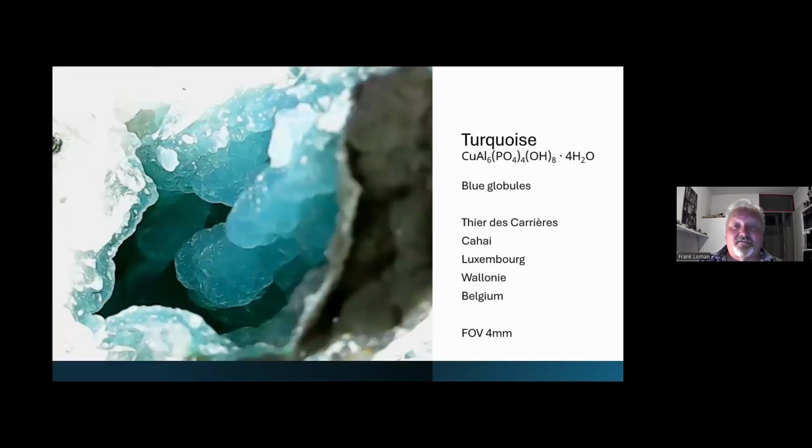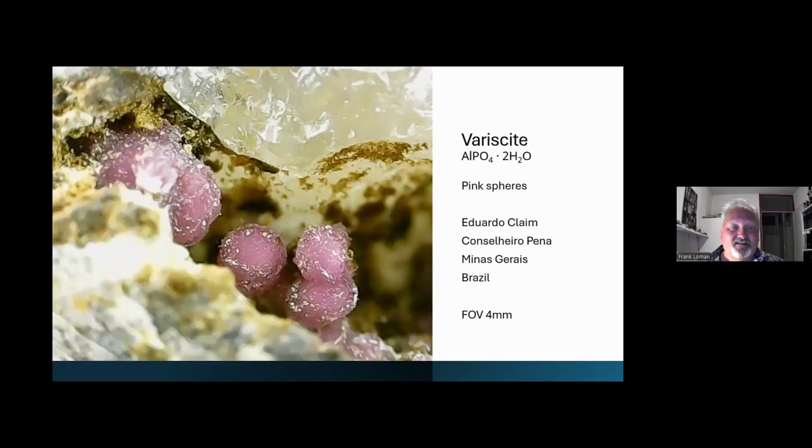Even turquoise makes sort of spherulites. These are blue globules from the Cahé in Wallonie in Belgium. And this is the second mineral which shows its pink color. It's variscite. It's nice pink spheres from the Eduardo claim in Minas Gerais, Brazil.